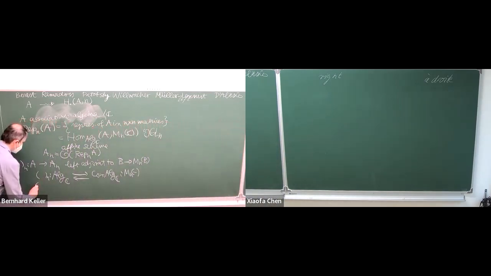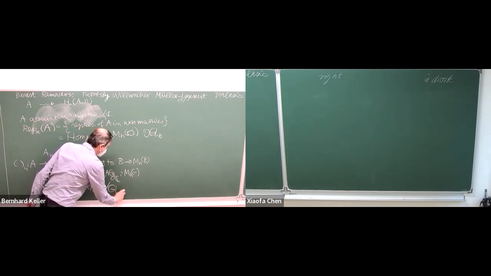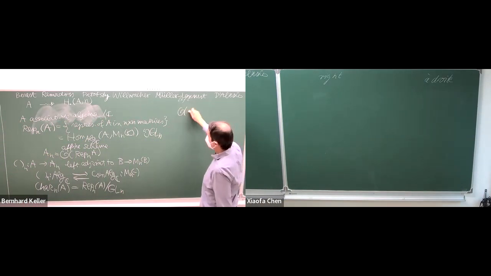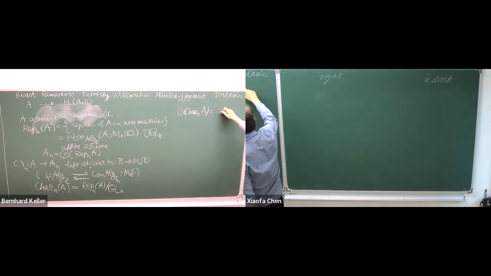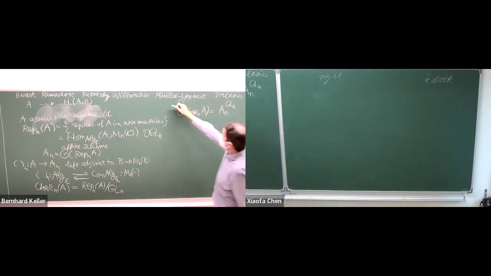And what you are also interested in is the character variety, which will be the categorical quotient by the group GL_n. And so, in terms of algebras, the functions on the character variety will be just the invariant functions.